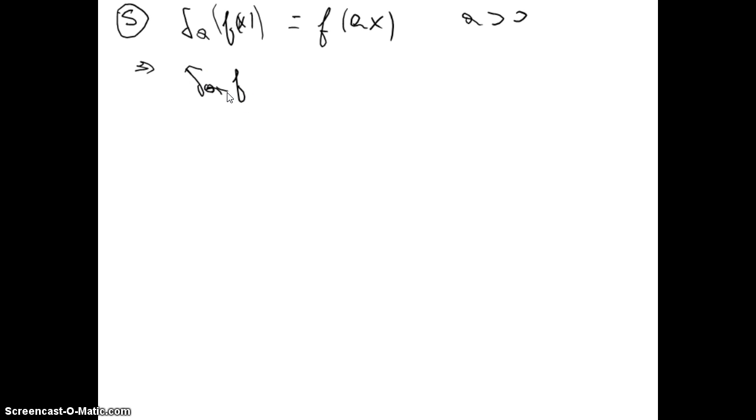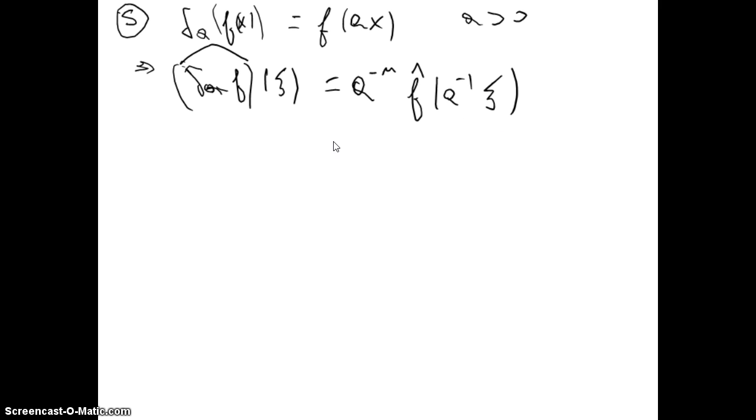In the same way, if we call delta a of f(x) equal to f(ax) a dilation by a greater than 0, then the transform of delta a f at psi will be a to the minus n times the transform of f at a to the minus 1 psi.